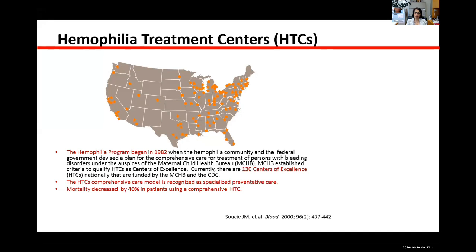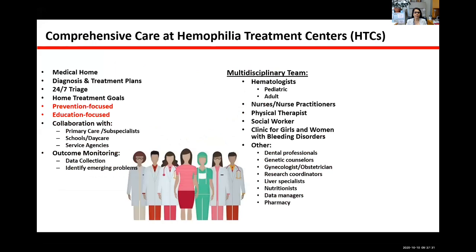And there are about 130 centers of excellence nationally. And these HTCs are comprehensive care models for specialized preventative care. And for hemophilia, we have data that mortality was definitely decreased when a patient with hemophilia got care at a comprehensive treatment center.